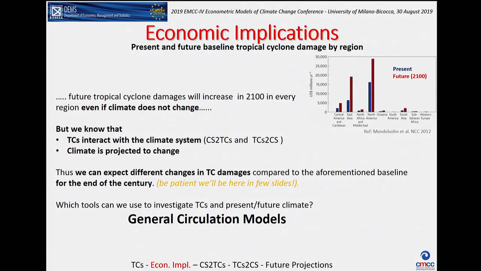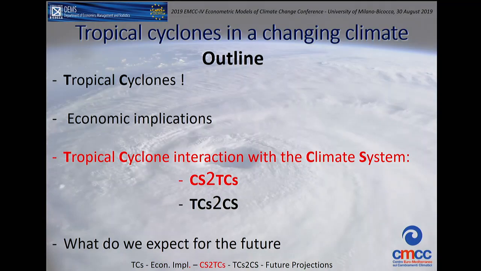General circulation models are the tool at the base of this kind of process. And we are going to talk about general circulation models now and how tropical cyclones are represented in this kind of tool. But I would like to start from the beginning.